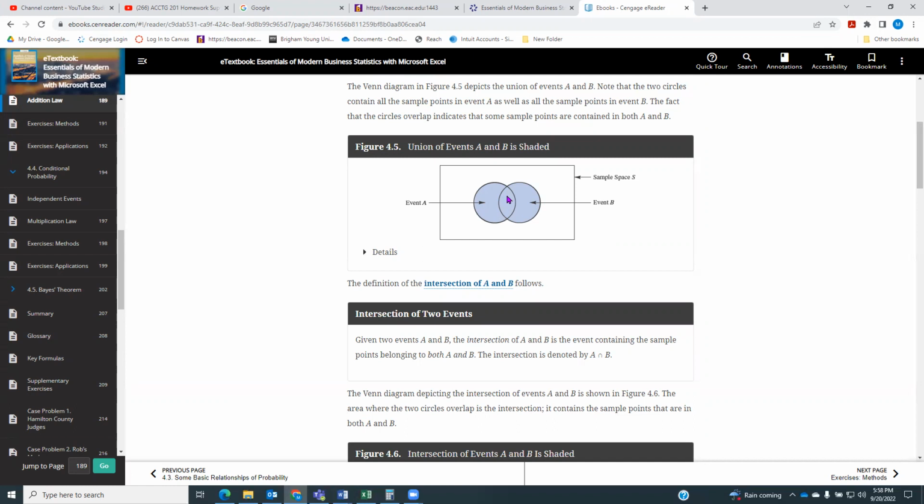So to find the probability of the union of A and B, we're going to take A plus B minus the intersection. All right, so let me show you what that looks like now with our homework.